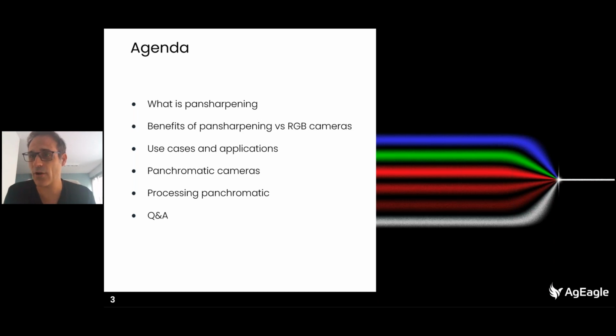That's what we're going to talk about. We'll also talk about some use cases and applications, our cameras, and how to process the panchromatic imagery. At the end of the meeting we have questions and answers, so please, if you have any questions, put them in the chat box, and we'll get to those at the end of the webinar.